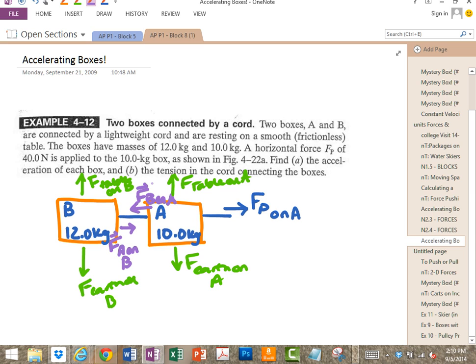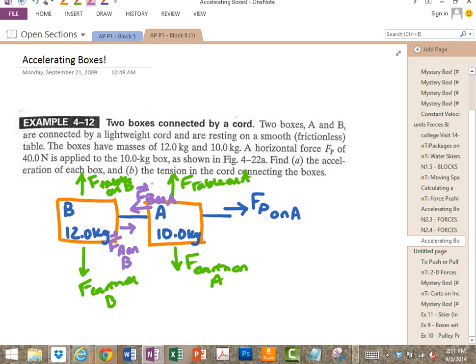Okay, so here's the issue. This force here, the force of B on A, is acting on what? A. And the force of A on B is acting on B. So are either of these, or both of these, included in either box's net force?